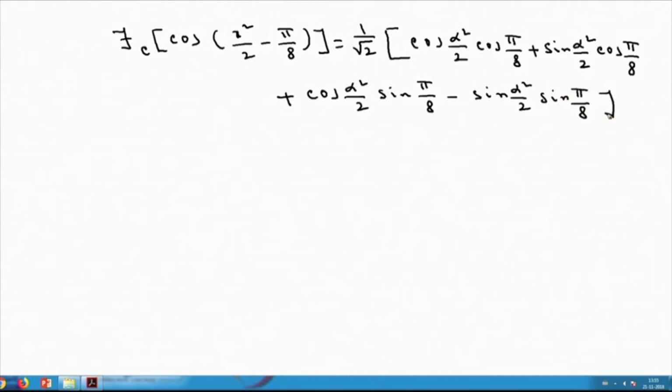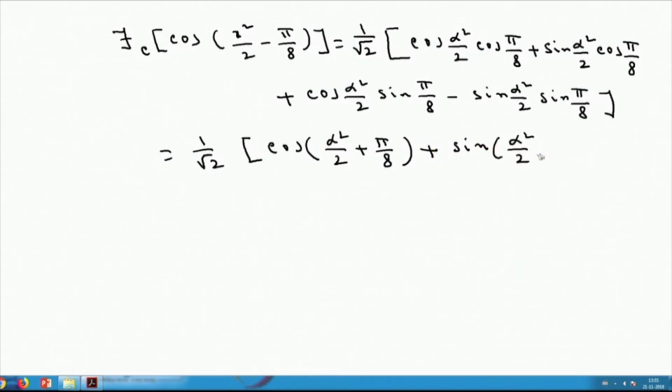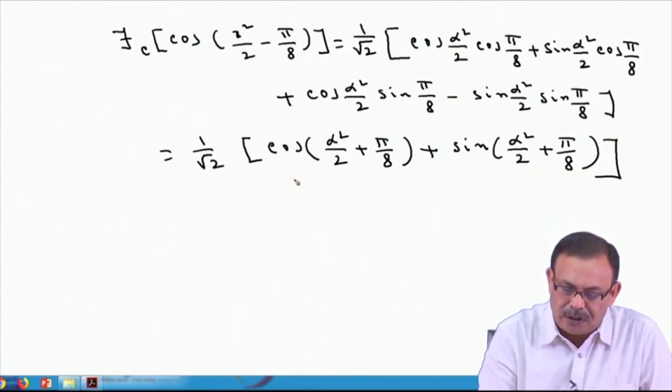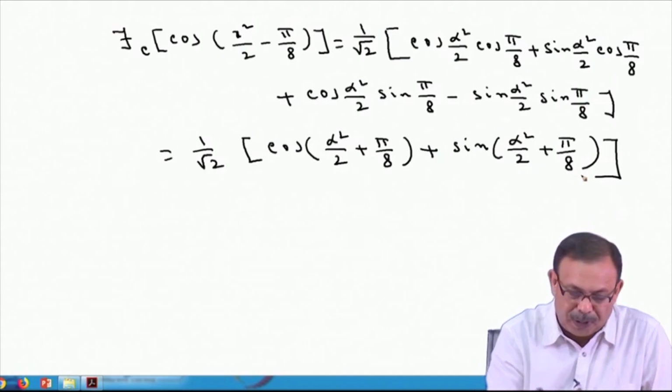So, this equals, using trigonometric properties, I can write it simply cos of alpha square by 2 plus pi by 8, and the other term plus sine of alpha square by 2 plus pi by 8. Keeping the terms together, this expression first line I can write in the form of cos of alpha square by 2 plus pi by 8 plus sine of alpha square by 2 plus pi by 8.